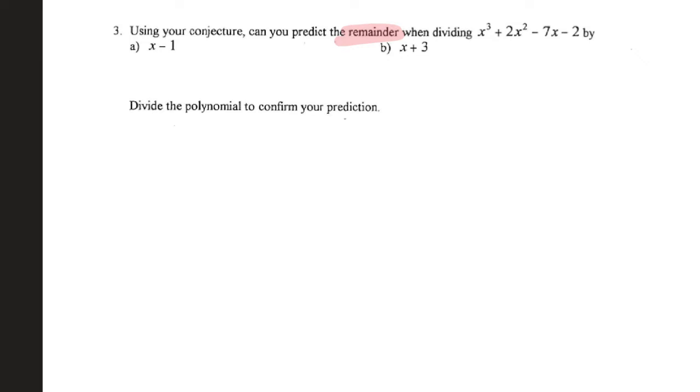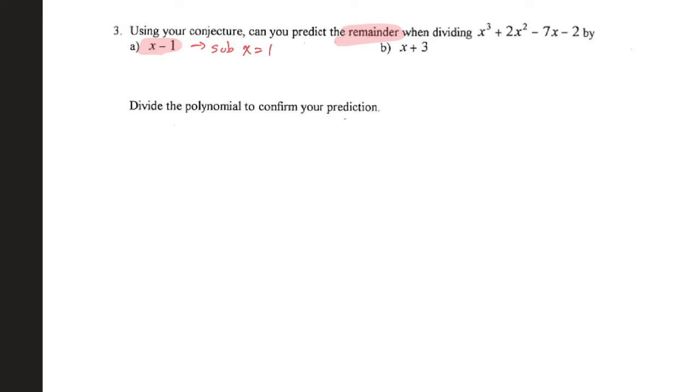If we use that conjecture, and we know that our remainder is the same as if we did the substitution, then if I see that my divisor is x minus 1, I can find my remainder if I simply sub in x equals 1. That will give me the same remainder as if I divided by x minus 1.